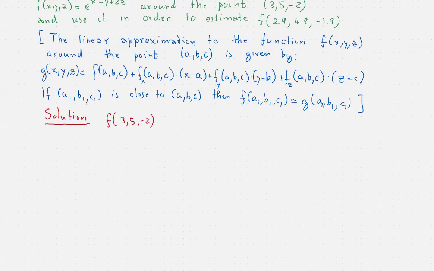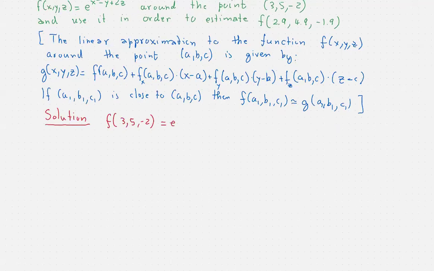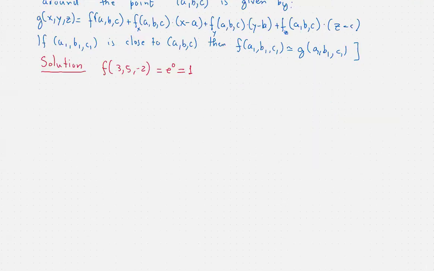Okay, so this is very convenient. Actually, that's why the function was selected, so that it gives us convenient values at the center of the approximation, which actually makes sense. You want to use a point where computations are simple in order to compute the output at a point where computations may not be that simple.